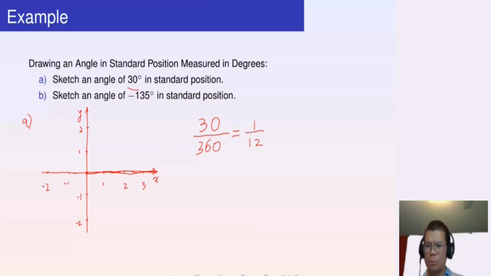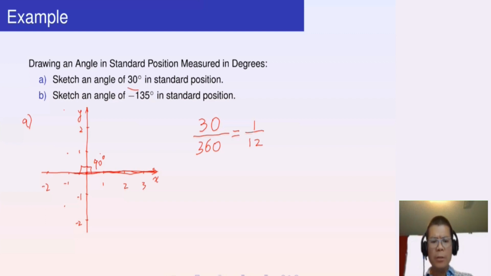Now what we can do, since the XY axes are 2 lines separating the full circle into 4 parts, each part is a right angle. So for instance, this is 90 degrees. This is also 90 degrees, and if you add them up, that's going to be 180, and so on.